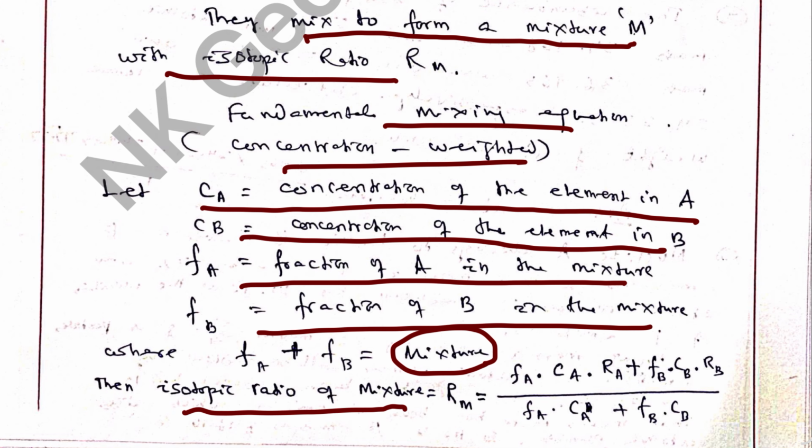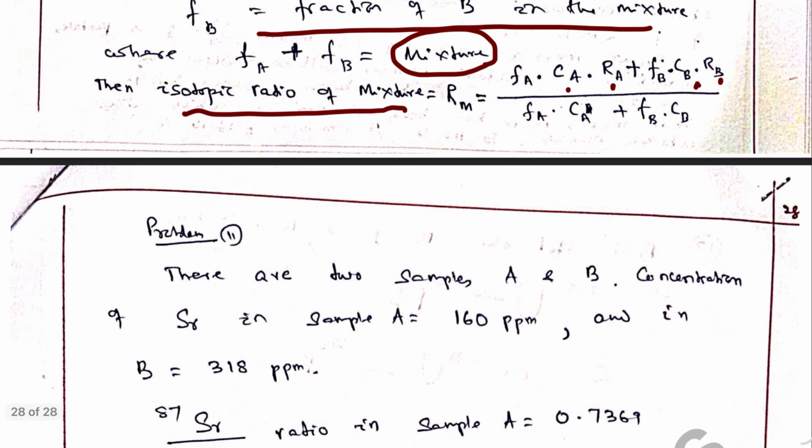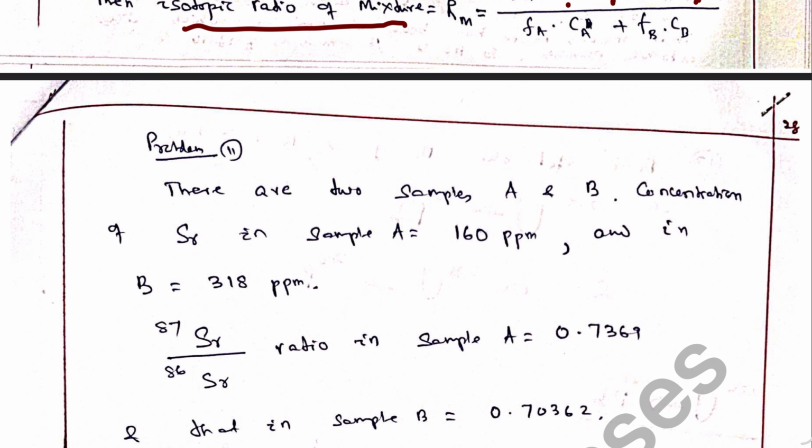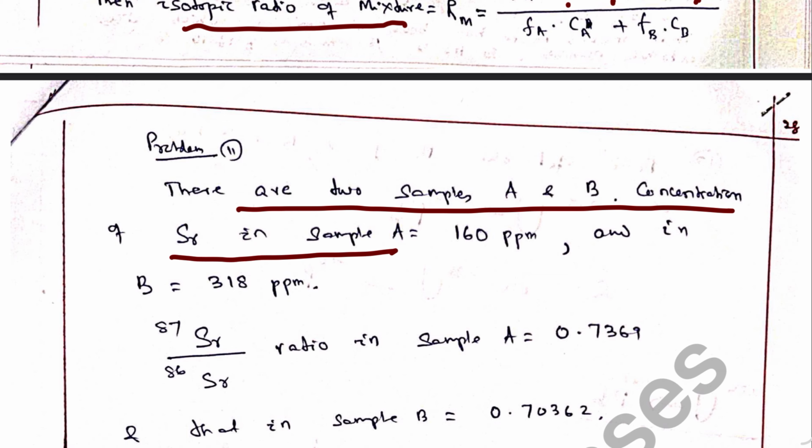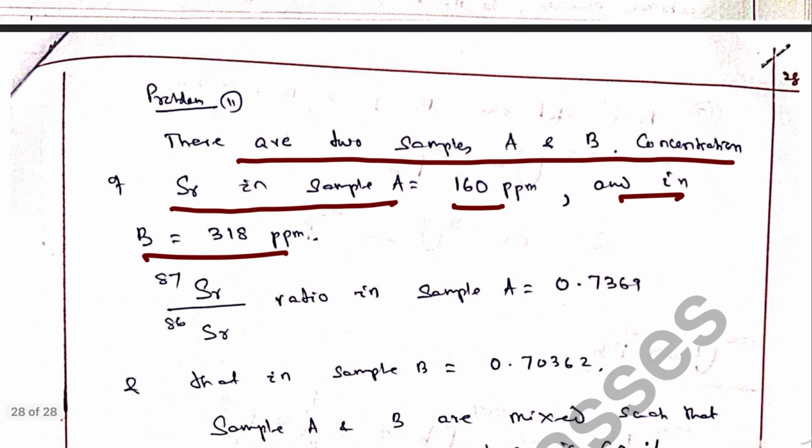So the isotope ratio of the mixture will be Fa into Ca into Ra plus Fb into Cb into Rb, divided by FaCa plus FbCb. So this is the formula, and based upon this formula, one problem has been solved. The problem is there are two samples A and B. Concentration of strontium in sample A is 160 ppm and that in B is 318 ppm.